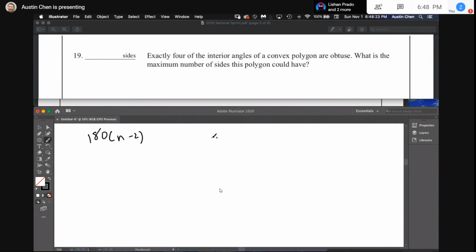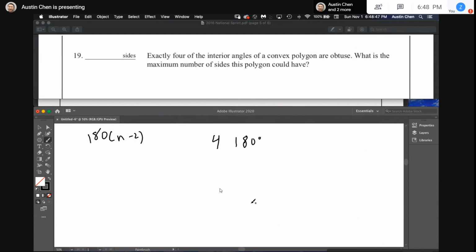So what we're going to do right now is make these obtuse angles equal to 180 degrees. Like in reality, they're not actually 180 degrees, right? But we can take the limit as they go to 180 degrees. So we'll leave it as 180 degrees for now.